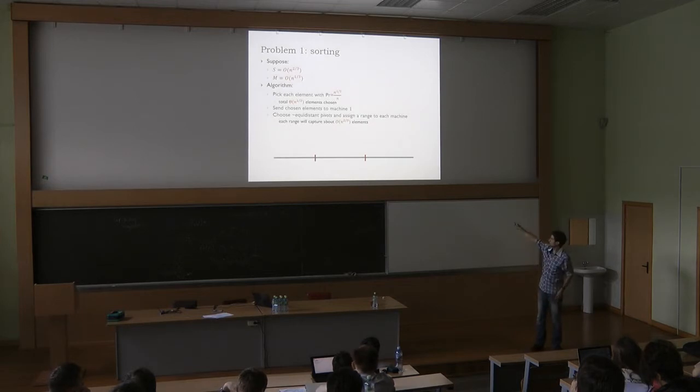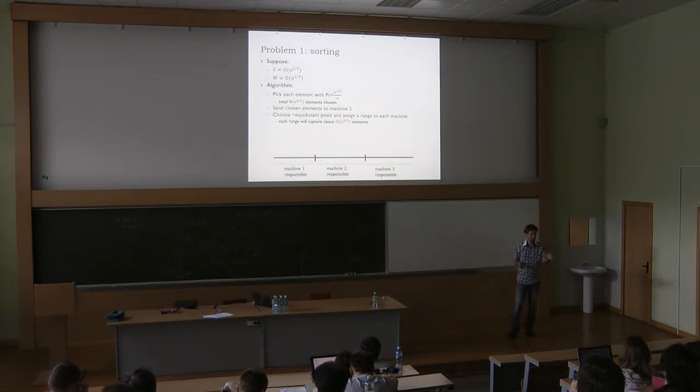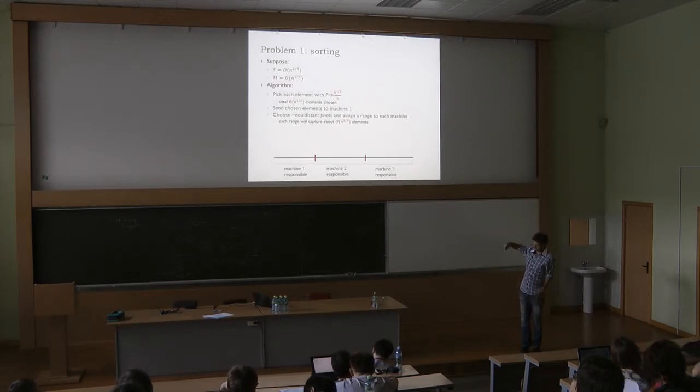This makes our ranges have the right length, more or less. The idea is to think of this as one step of radix sort, where we pick some pivots and partition according to them, so that each range will roughly capture order n to the 2/3 elements.